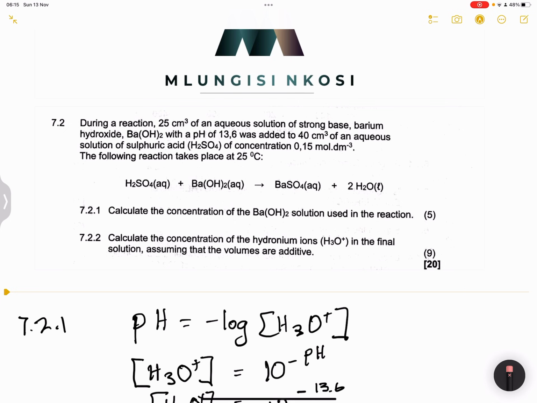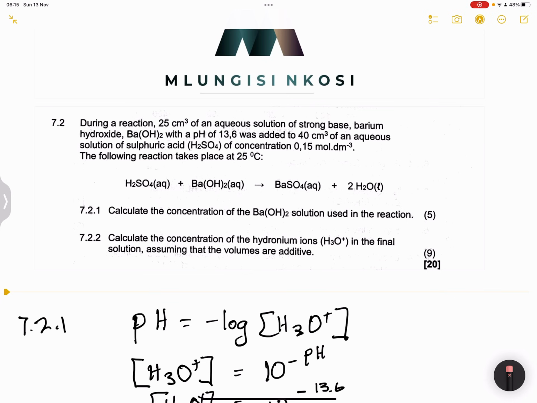All right. Now, here's what we're going to do. Remember, they said 25 cubic centimeters of barium hydroxide was used.